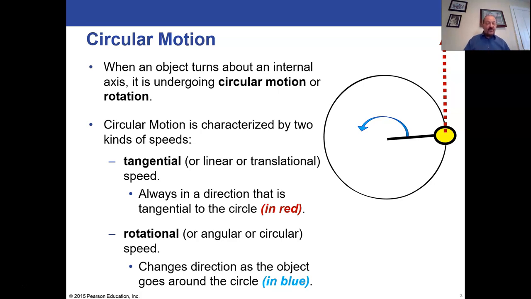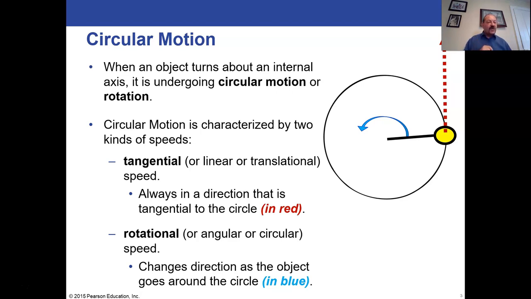Whereas rotational speed or rotational velocity is how many circles you make per time. So maybe one revolution per second, or one rotation per minute, or a certain number of degrees per time, like 90 degrees in 10 seconds. That would be a rotational velocity. Physicists tend to use it in a measure of angle, but not degrees.